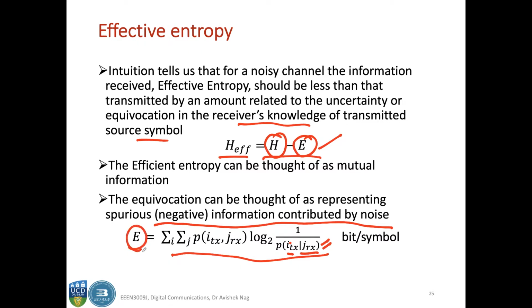That negative information is called equivocation, and if you deduct that from the entropy H of the source, then you get the effective entropy that the receiver is getting.